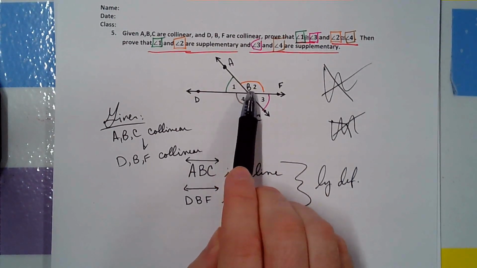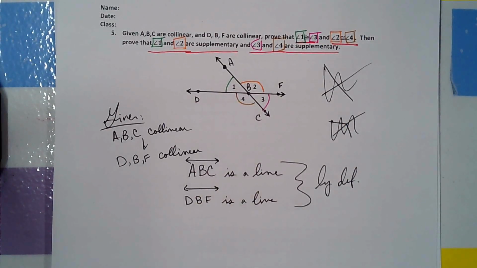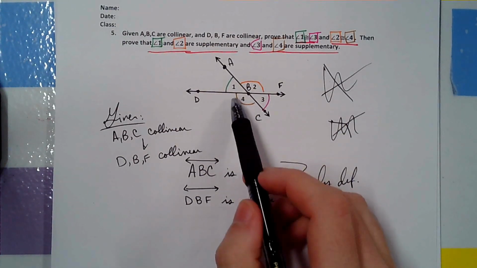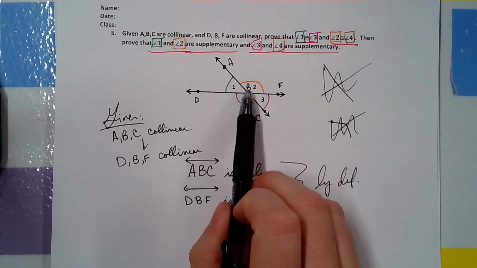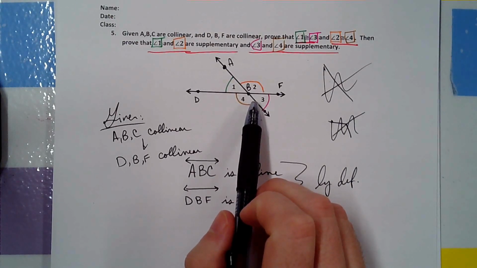What do we know about angle 1 and angle 2? They're supplementary. How do you know they're supplementary? Because they form a straight line, which is a straight angle. In other words, those two angles are a what? Everybody always forgets this one. We have a theorem named after it. 1 and 2 are what kind of angles? They're supplementary. That's right.